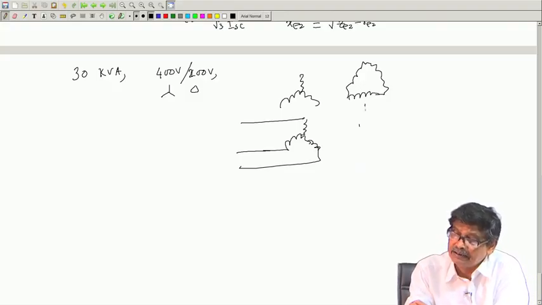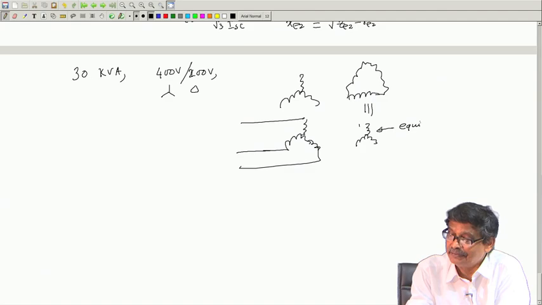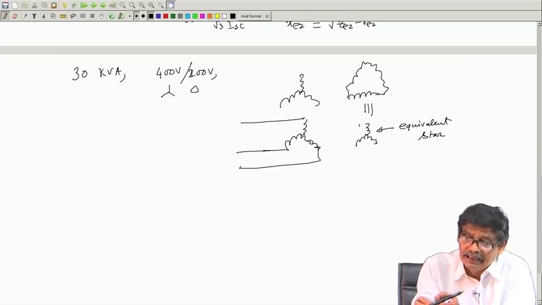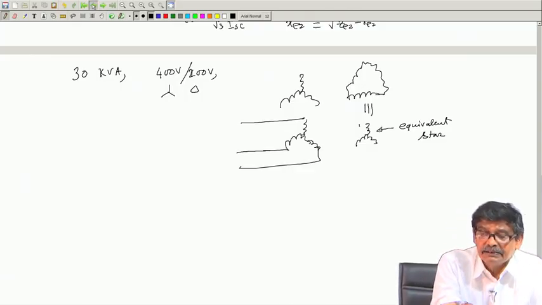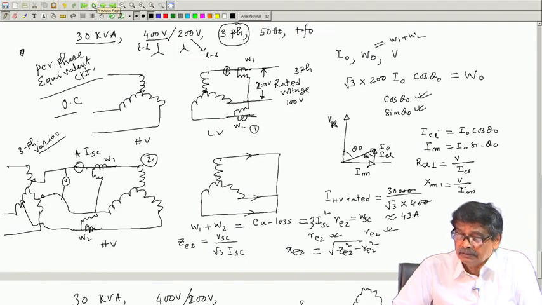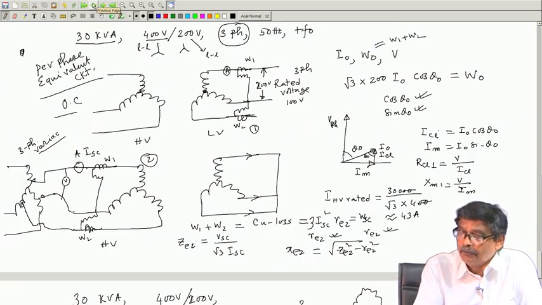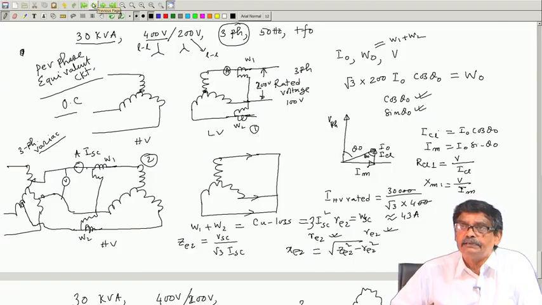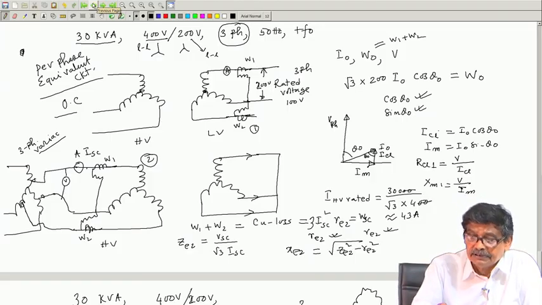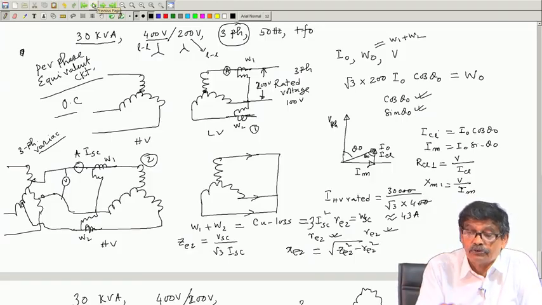You can consider the delta side to be some equivalent star, and then calculate the parameters in the same way, because what you are measuring is the total power drawn by that 3-phase connection, which is star shown here, during the no load test.